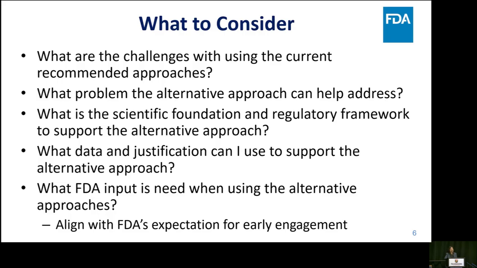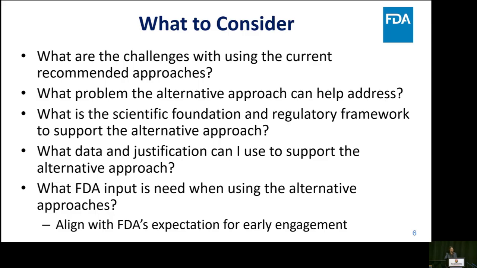Third, what is the scientific foundation and the regulatory framework to support the alternative approach so that it's going to fit within the existing regulatory expectations? Fourth, what data and justification will you use? The evidentiary package needs to be robust and coherent.